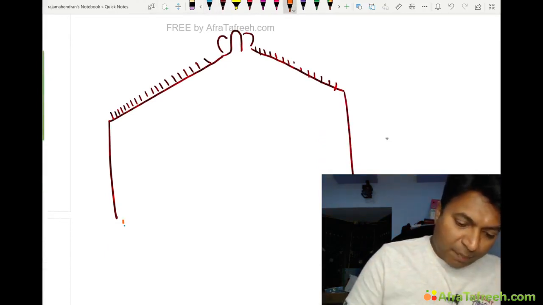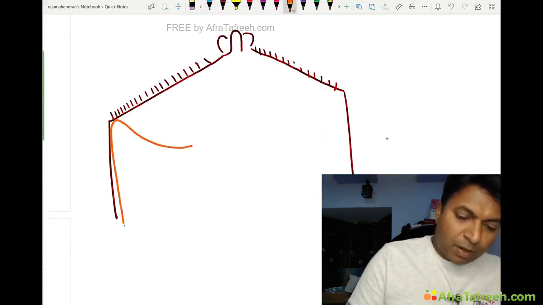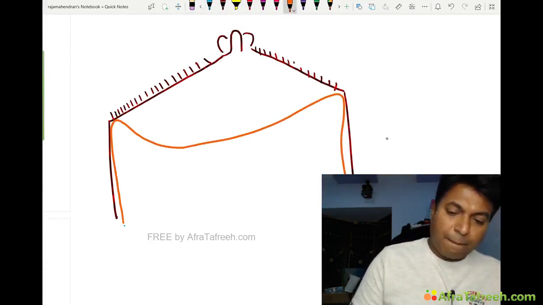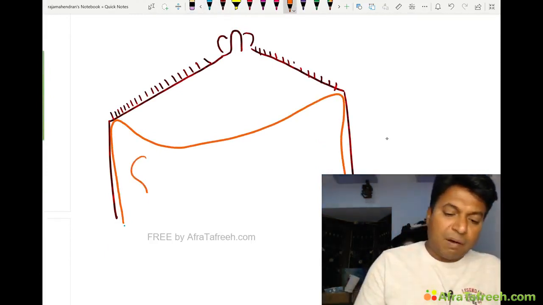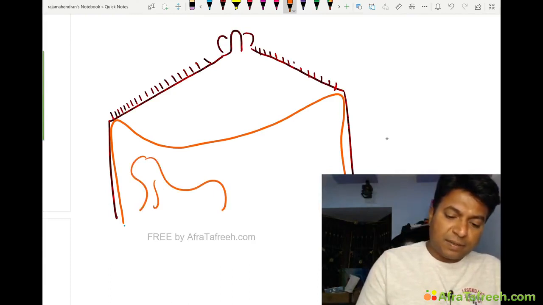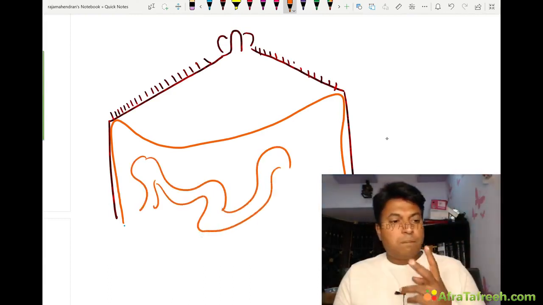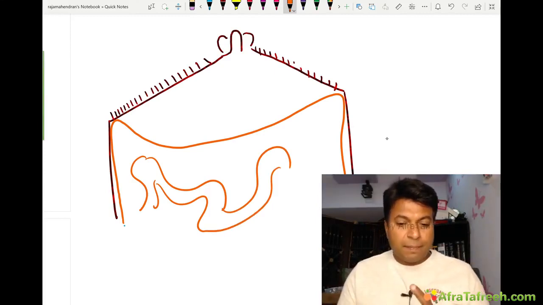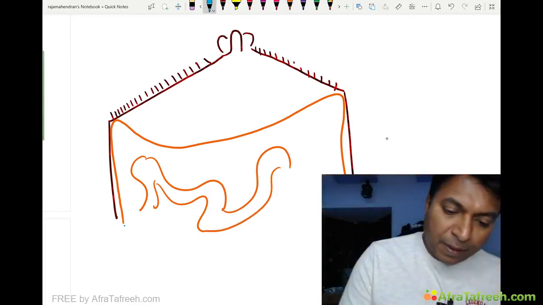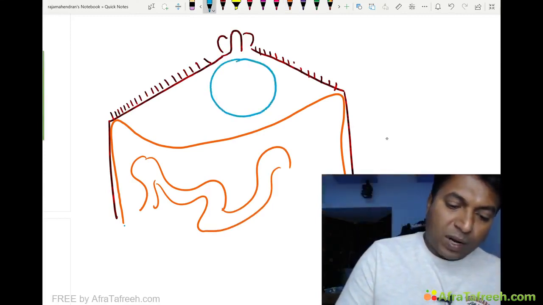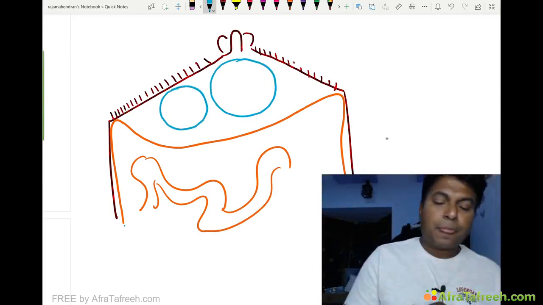I am now drawing the peritoneum. This is the peritoneum of the patient, containing the bowel and other structures inside, like this. So now you are going to see two important spaces in the pre-peritoneal area. This is one space and this is another space.